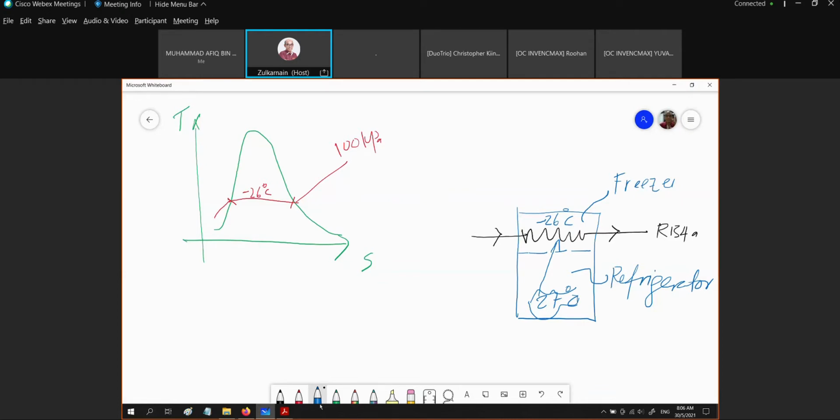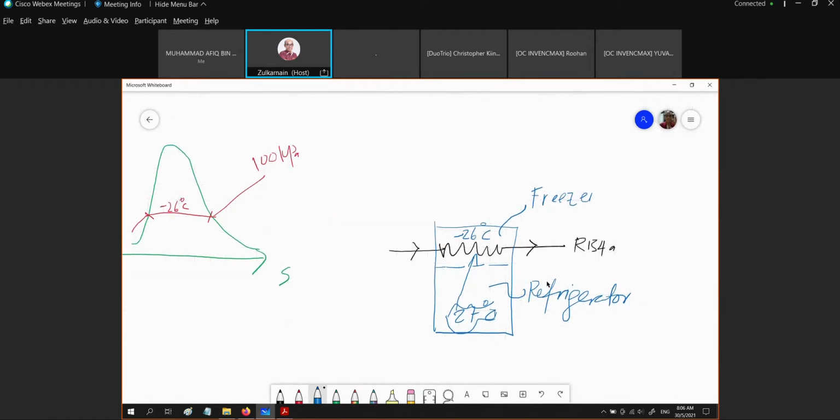So what we want to do right here is create this environment. Let's say we want to create minus 26 degrees C. We must create this environment of 100 kPa and minus 26 degrees C, with a control volume inside the freezer side.